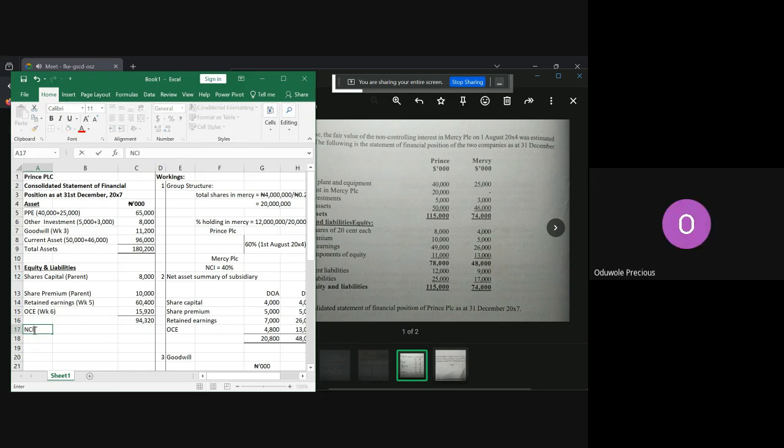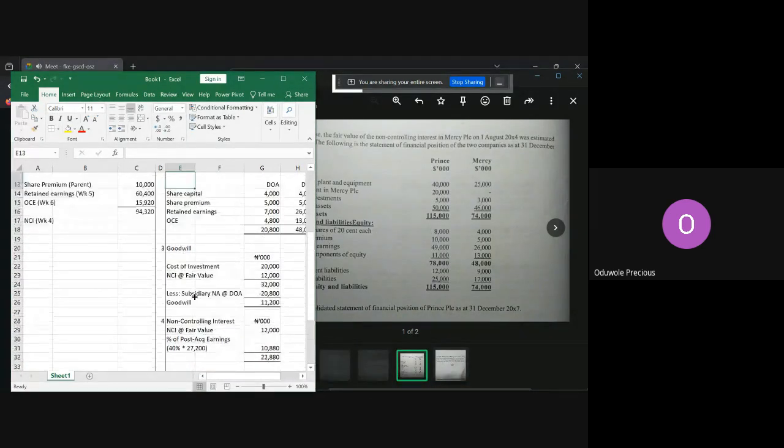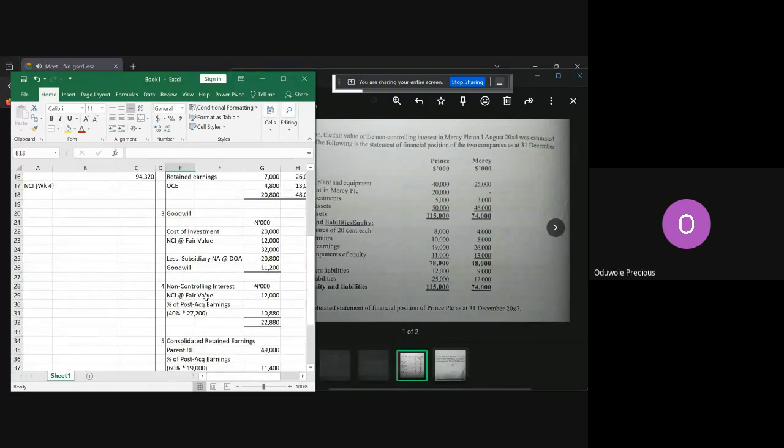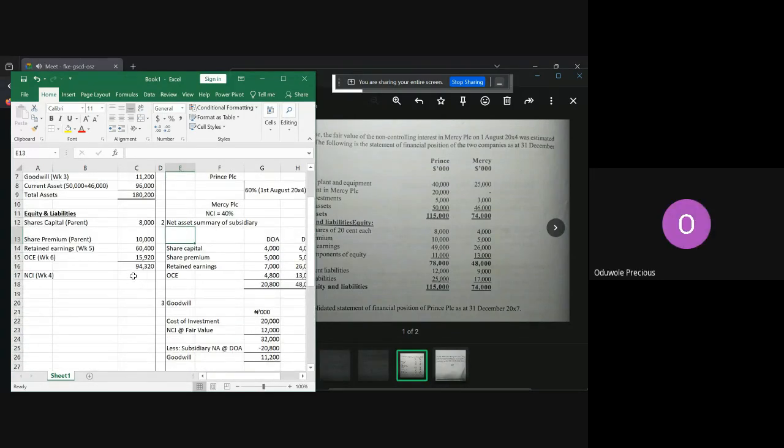You know, I told you yesterday about the NCI. NCI is workings 4, if I'm not mistaken. 22,880. So everything is giving us 117,200.